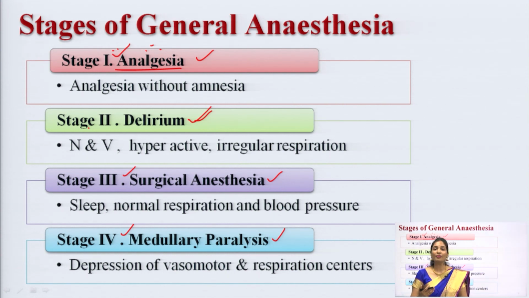Here the blood pressure increases, hyperventilation is seen, and muscle movement fluctuates. So, increase in muscular activity, all this will be seen in the second stage, but all these things can be minimized or abolished by giving pre-anesthetic drugs, okay.